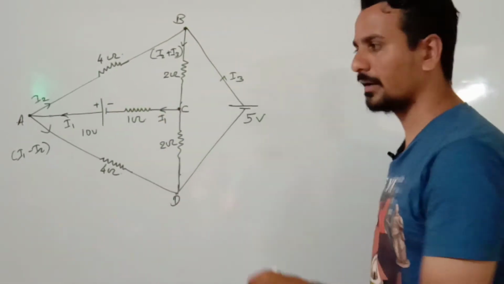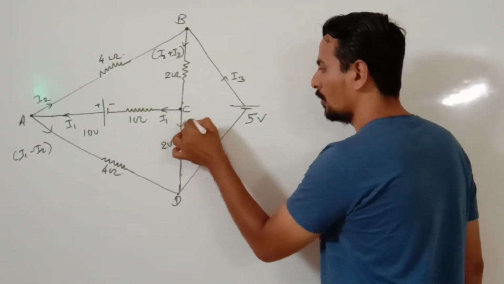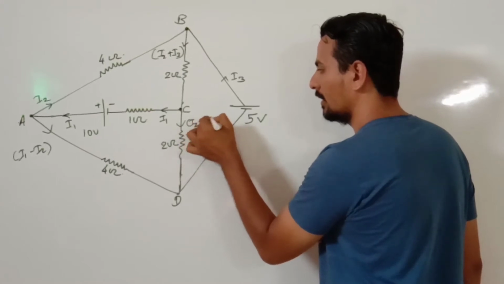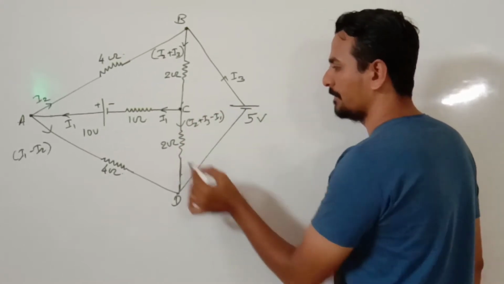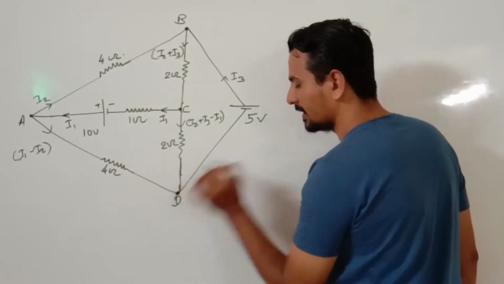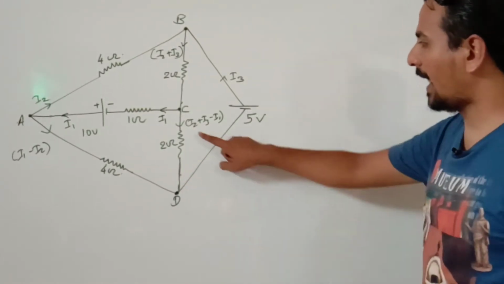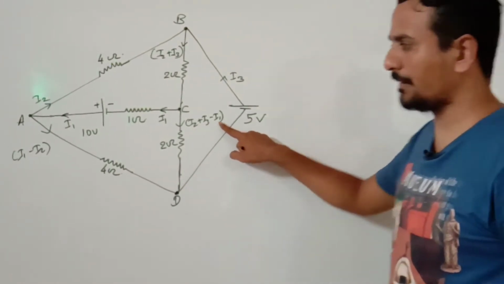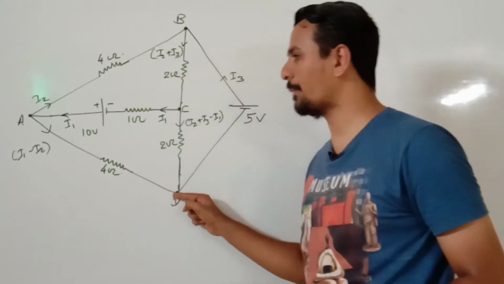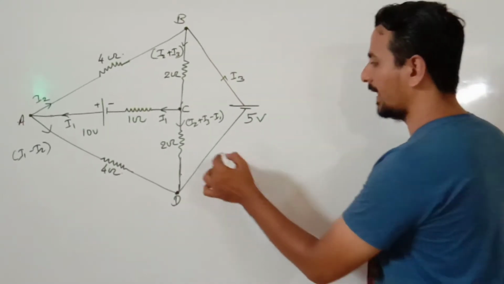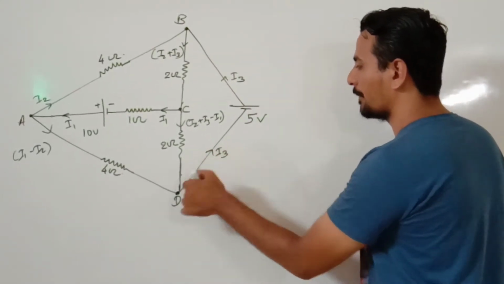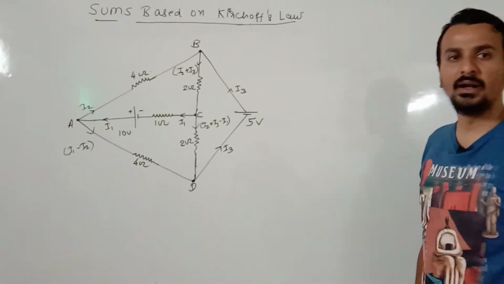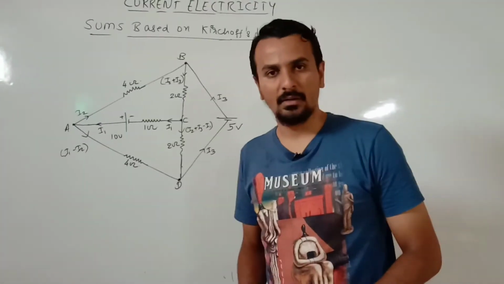So the remaining current I2 plus I3 minus I1 will be moving in this direction. Again this is also a junction. So I2 plus I3 minus I1 plus I1 minus I2 gives I3, the current entering back to the 5 volt battery. This is the distribution of current, right?